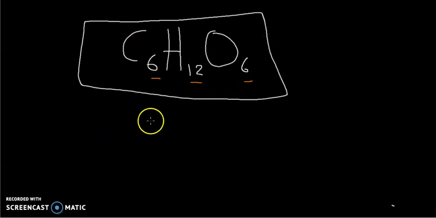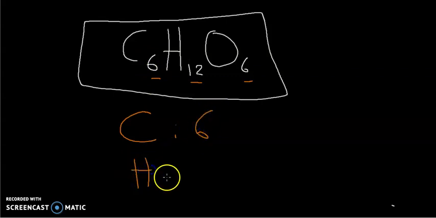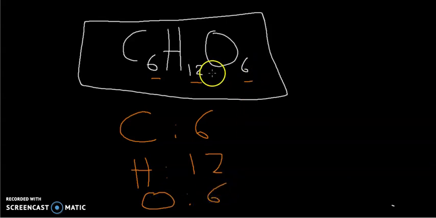So if I ask you how many carbon atoms do I have here in this molecule, you'll tell me 6, because the subscript for carbon is 6. If I ask you how many hydrogens do I have, yes, 12, because the subscript is 12. And how many oxygens? It's 6. So this is the number of atoms in one molecule of glucose. Now there's nothing written here, so this is 1.